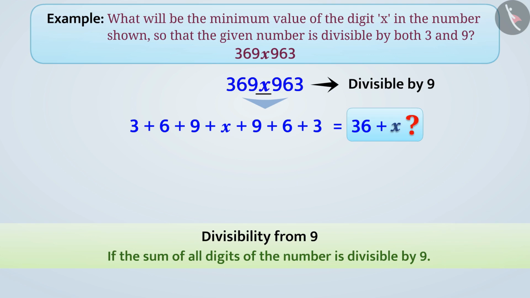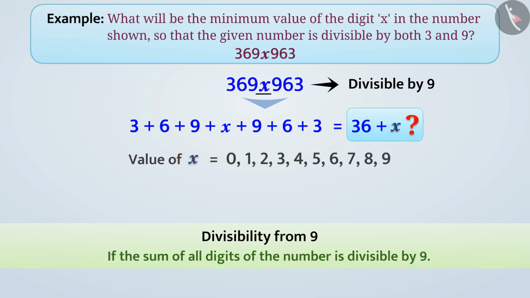Let us tell you, since x represents a digit, its value can be 0, 1, 2, 3, 4, 5, 6, 7, 8 or 9. But there is also a restriction on the value of x, such that the sum 36 plus x must be divisible by 9. So tell me which digits can come in place of x.